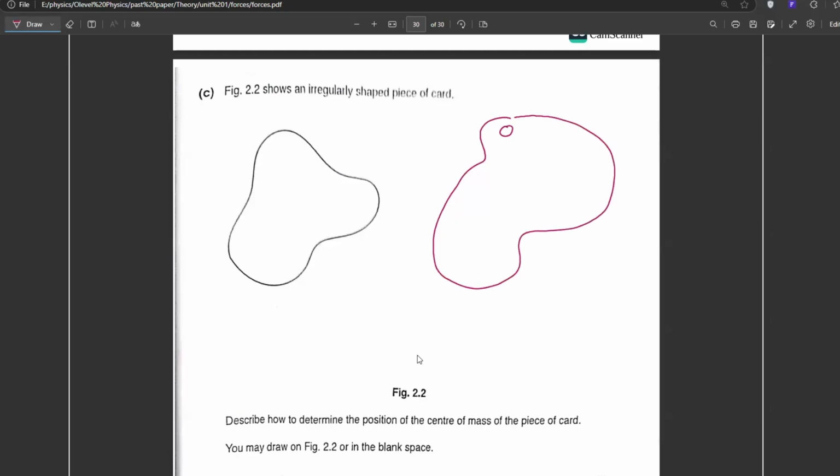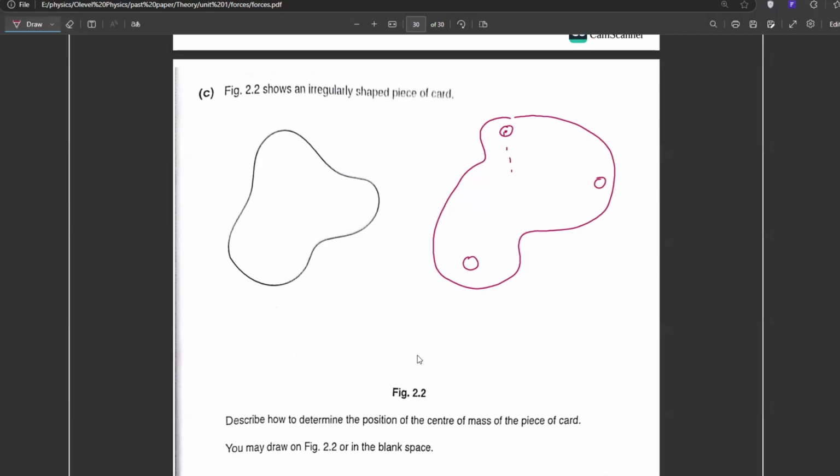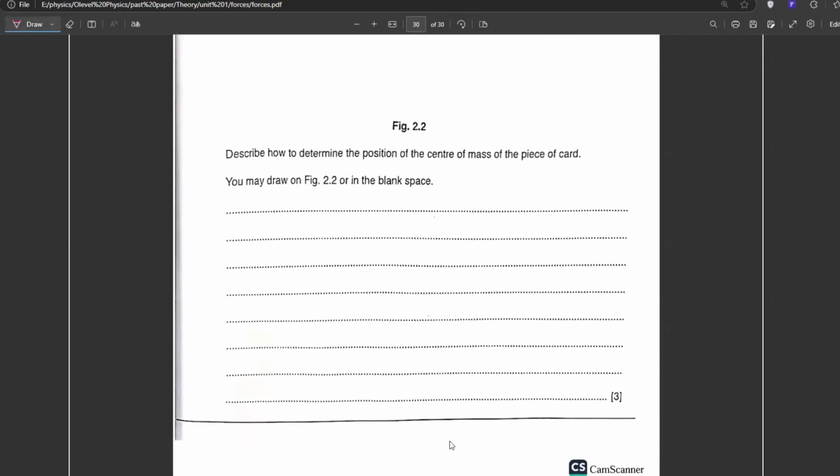Let's say this is your irregularly shaped object. You will mark 3 holes. You will suspend a plumb line from each of them. And once you have suspended a plumb line, you will mark a dotted line once the plumb line settles or comes to rest, like this. The point where all the dotted lines meet is your center of mass or center of gravity. This plumb line experiment is written in great detail in notes, so you can copy it from there.